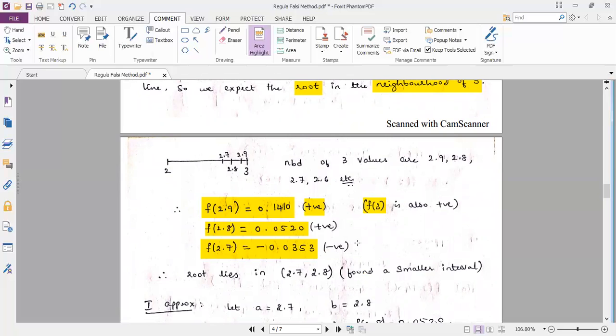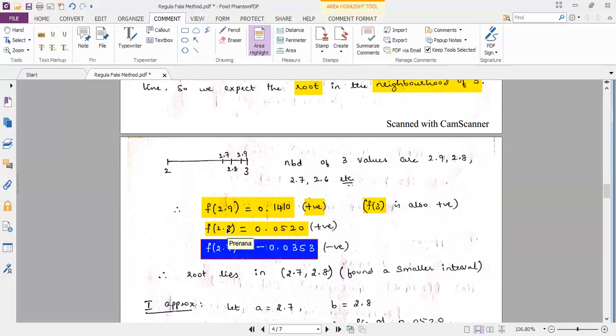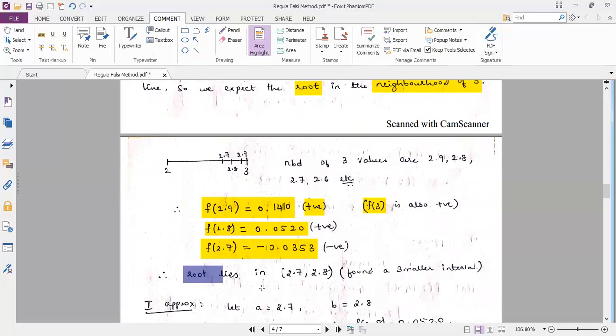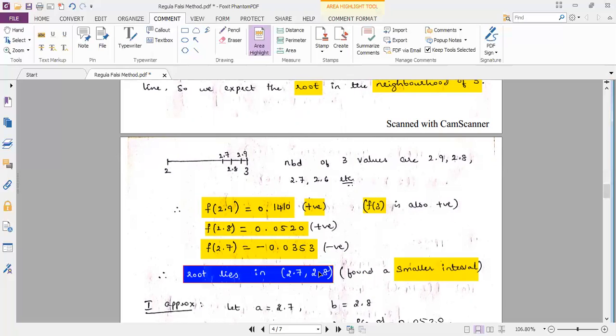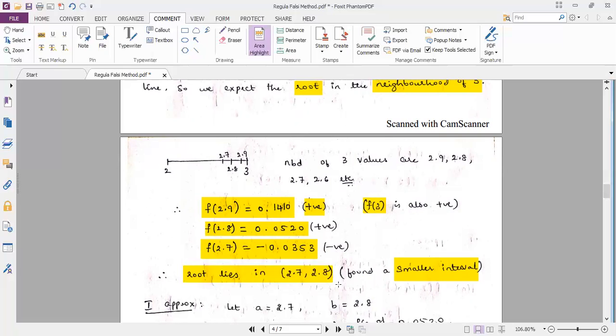So this positive-negative combination will help us to understand that the root lies between 2.7 and 2.8. So the real root lies in the interval 2.7, 2.8. A smaller interval is found in difference of 0.1, so that the root converges very fast to the exact root as accurately as possible.